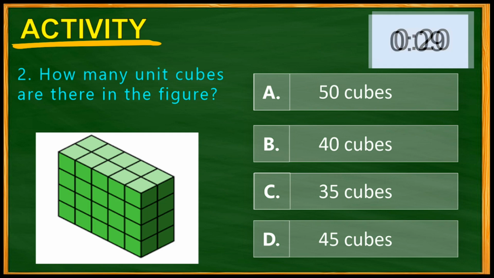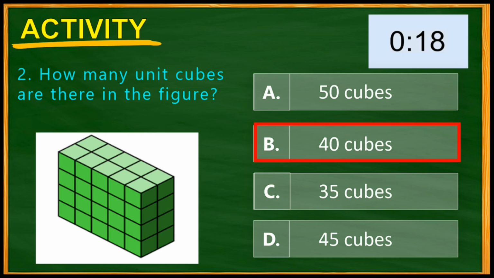Your timer starts now. Time's up. Now let's reveal the answer. The answer is letter B. We can count 1, 2, 3, 4, 5 multiplied by 2 and then by 4. The answer is 40.